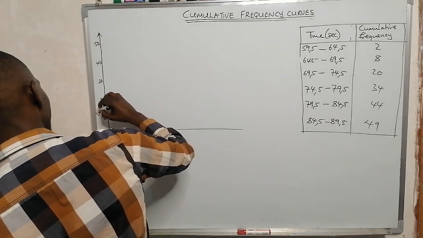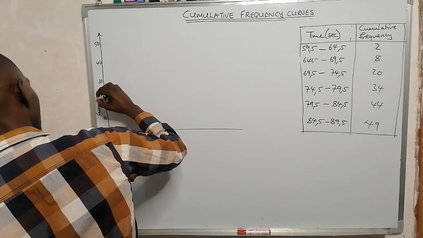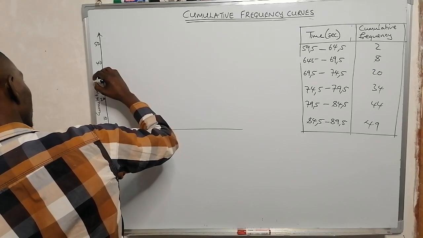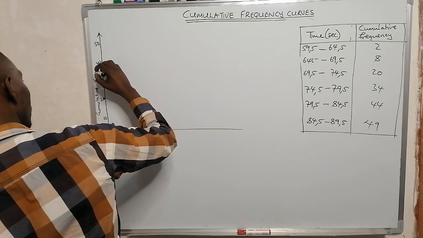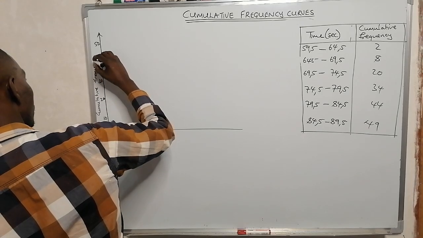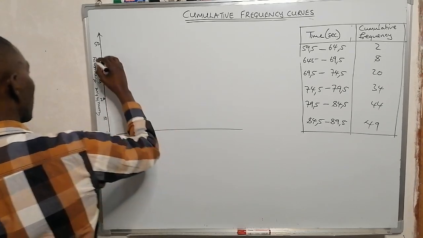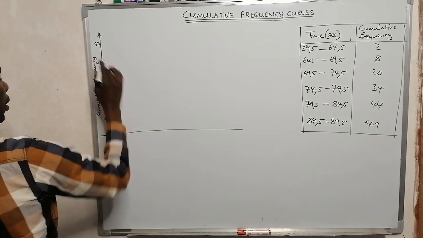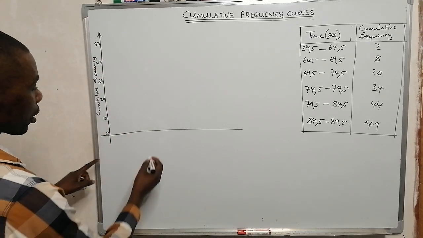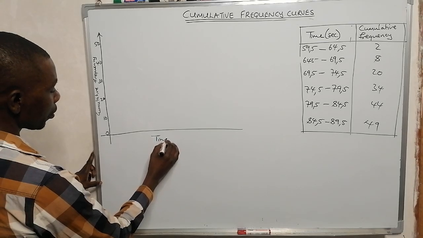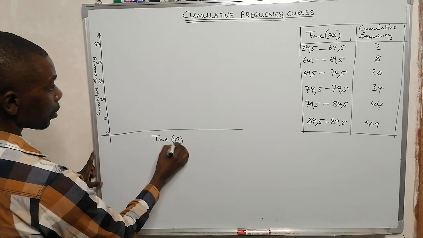That's our cumulative frequency. Now we want to plot our time here.